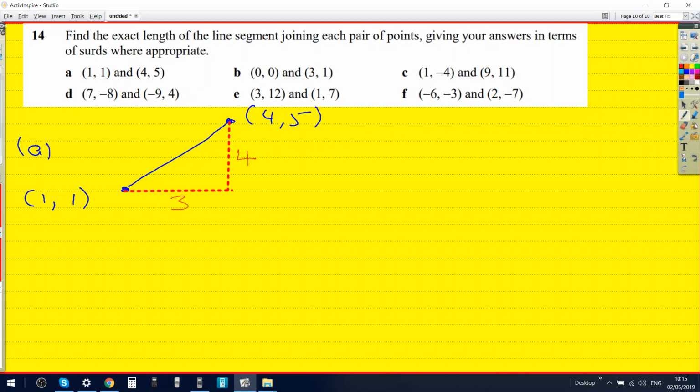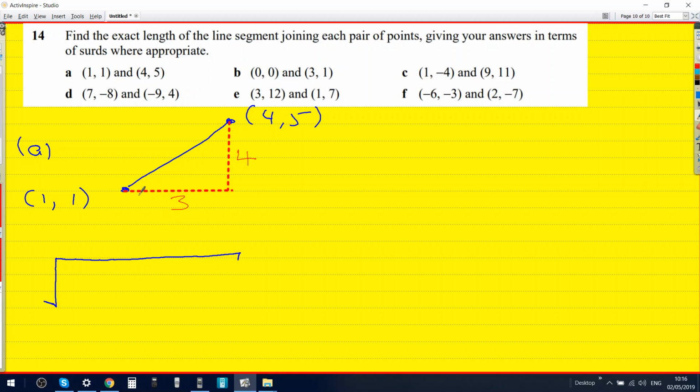So it's 5. That's it. So the length of that line is 5. So try B. Do they have a special name, those triangles? They're called the Pythagorean something. Pythagorean triple. Yeah, when they're all whole numbers.